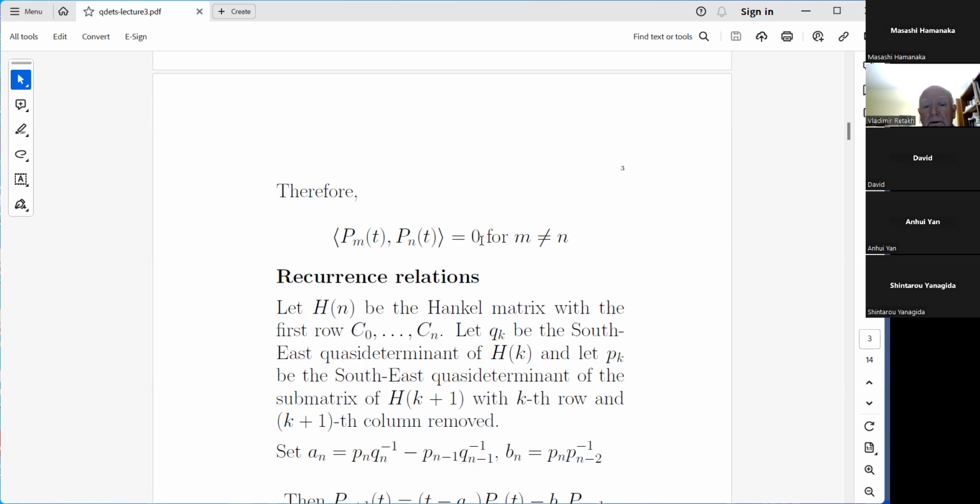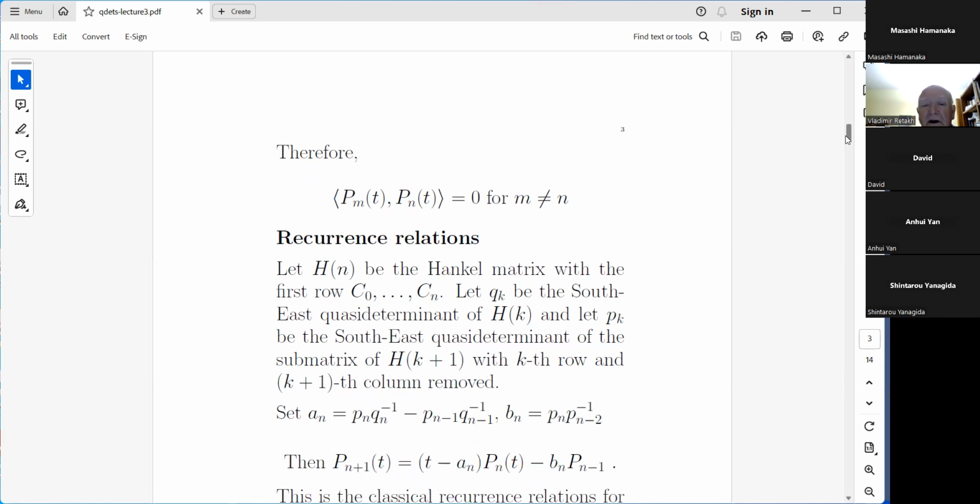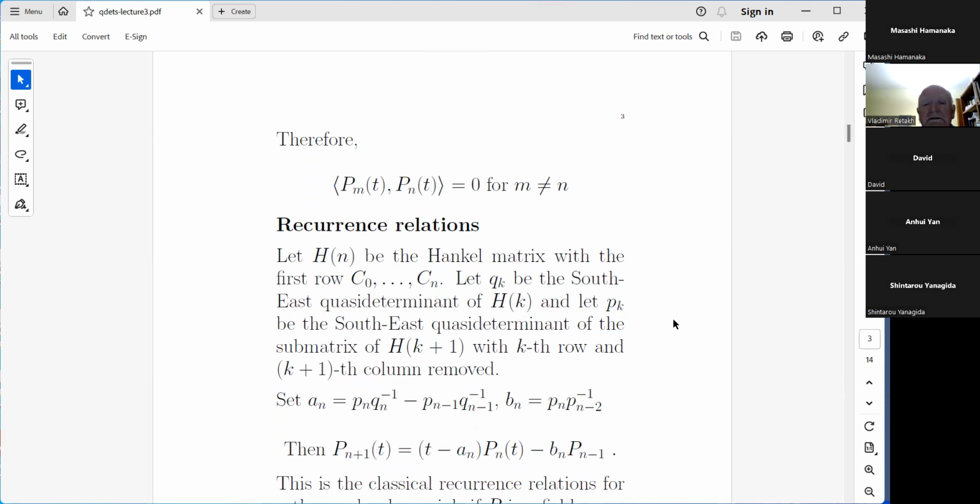Now, in classical mathematics, we know that orthogonal polynomials satisfy recurrence relations. You have a connection for polynomials of degree n plus 1, n, and n minus 1, with some coefficients, and you can also define these coefficients.